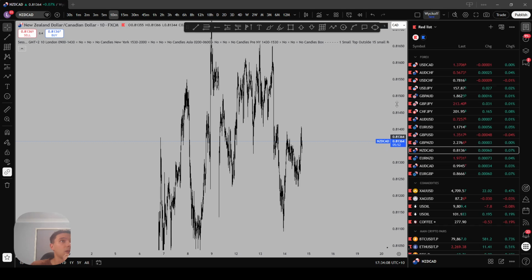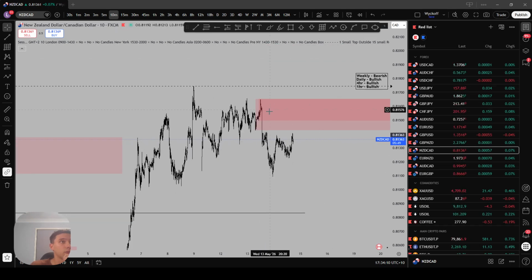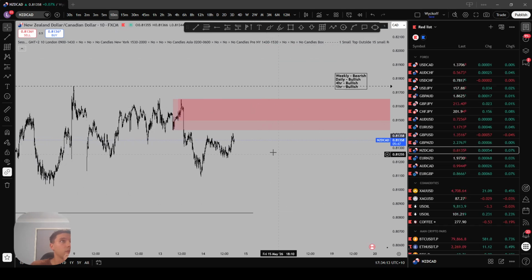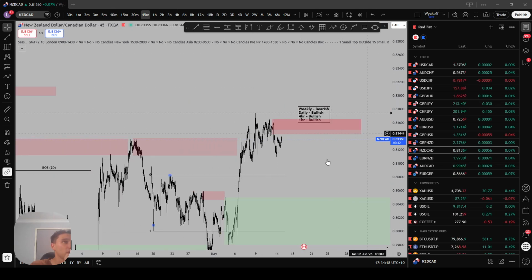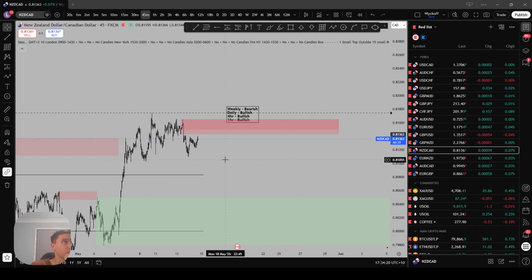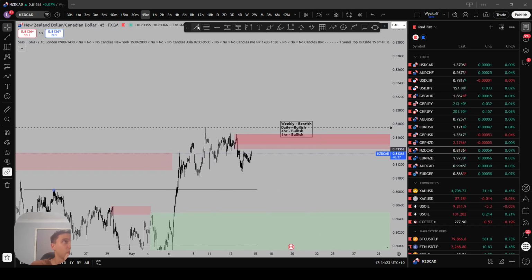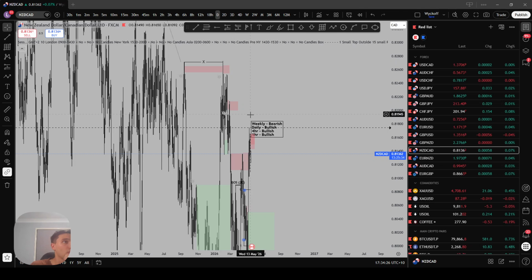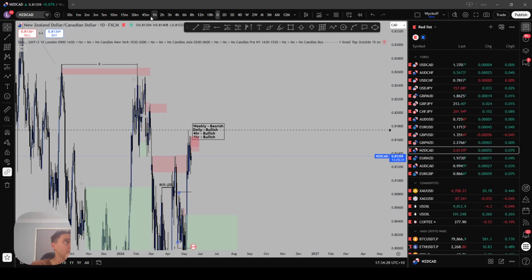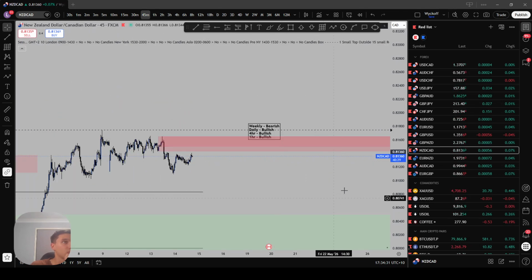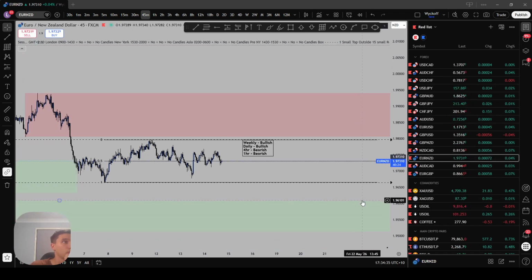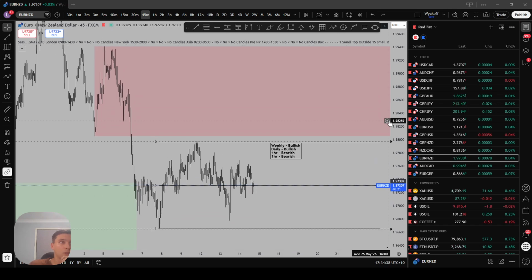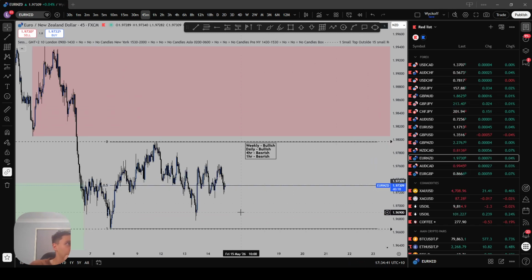Okay, NZD CAD. That's too low time frame for me to even chart. Yeah, still bullish here. Still ranging here. It's not a nice range, but it's a range.